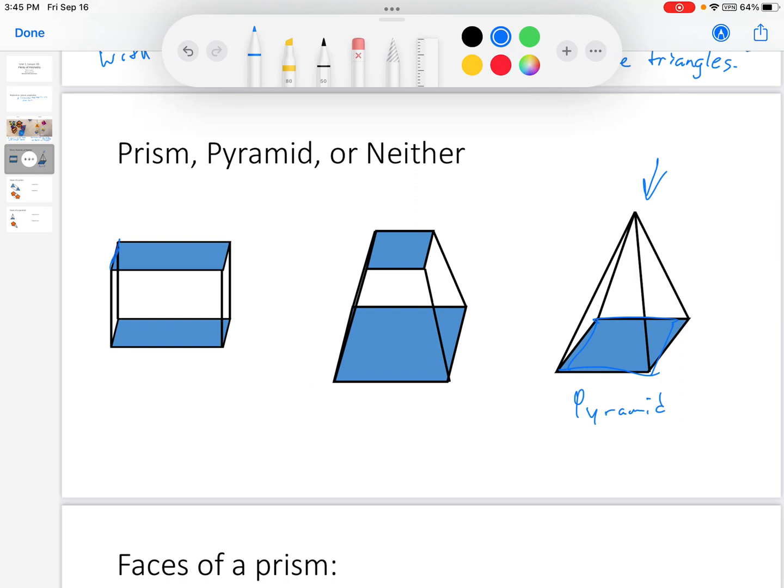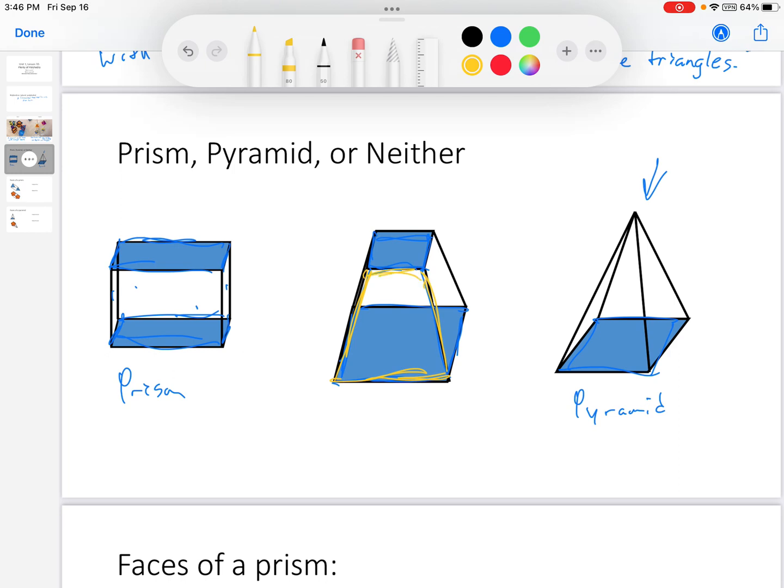This one has a rectangle on the top, a rectangle on the bottom. They're congruent, and it has rectangles on the sides. So this is a prism. This has a rectangle on the bottom, a rectangle on the top, but they are not the same size, and the sides are not rectangles or triangles, are they?